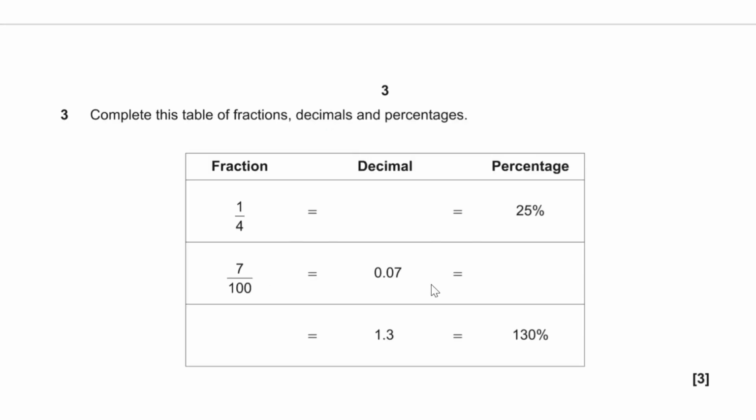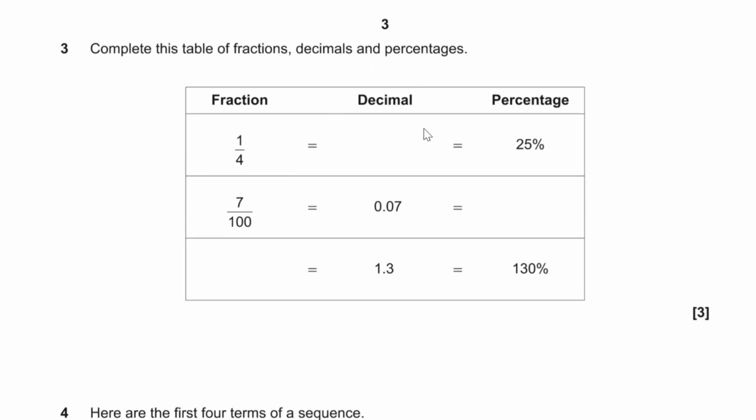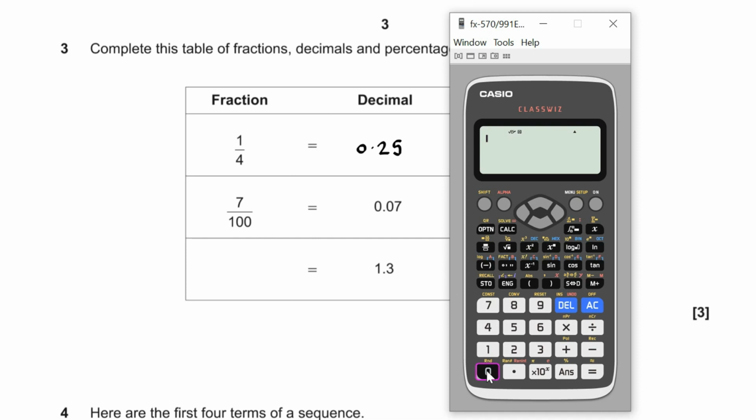Question number 3. We have to complete this table of fractions, decimals and percentages. Well, what you'd find over here, 1/4 is the same as 0.25 as a decimal. And on our calculator we can confirm this. If we key in 0.25, our calculator automatically shows the fraction 1/4.